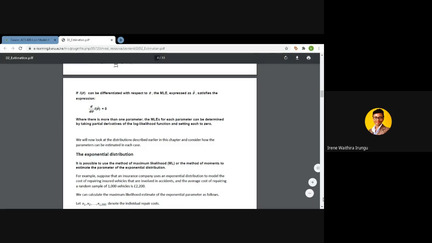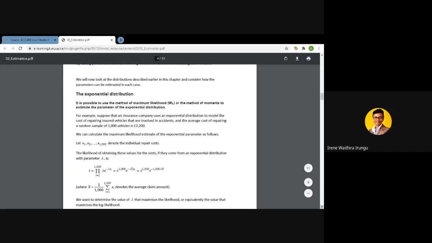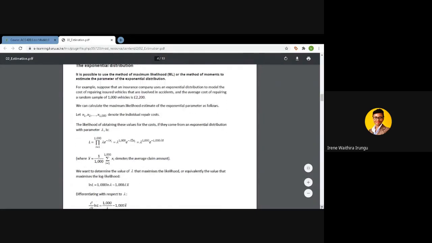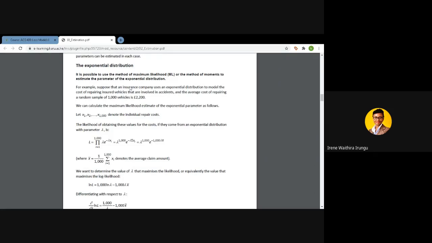So let's look at an example. We use our first example, which is based on the exponential distribution. Suppose that an insurance company uses an exponential distribution to model the cost of repairing insured vehicles involved in accidents, and that the average cost of repairing a random sample of 1,000 vehicles is 2,200.